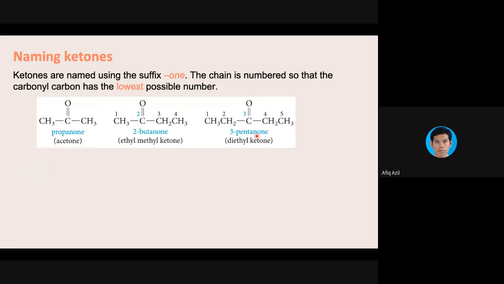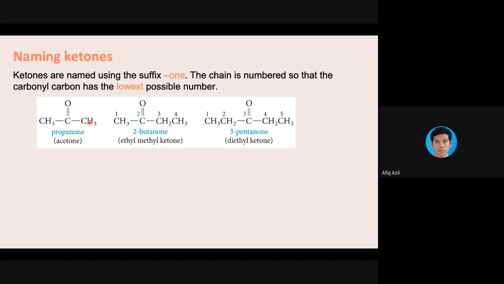Then we go to how ketones are named. For ketones, the suffix that you will be using is ONE, pronounced not as 'one' but 'on'. The chain is numbered so that the carbonyl carbon has the lowest possible number. For example, here we have 3 carbons.